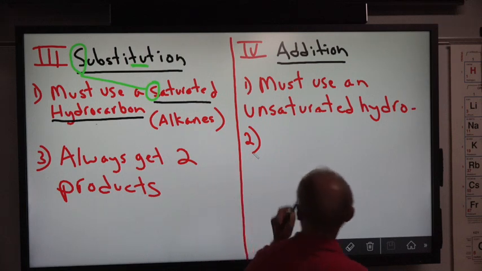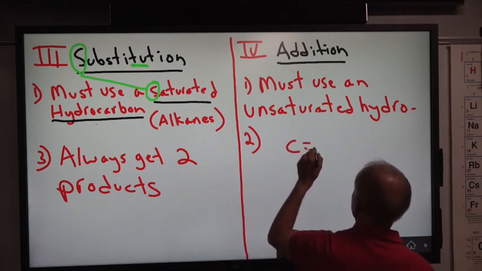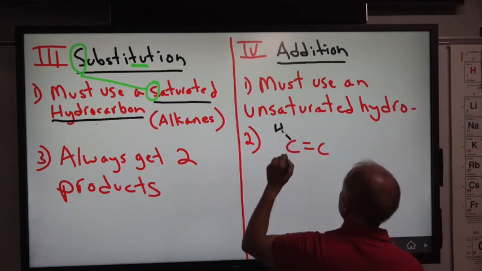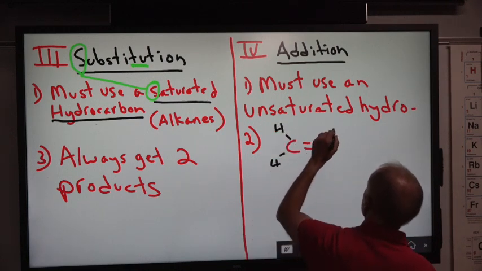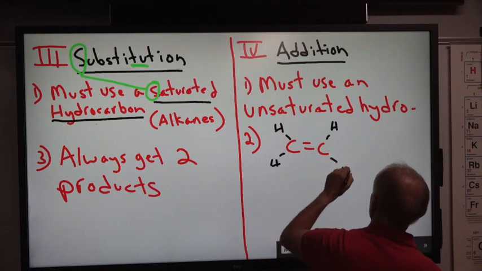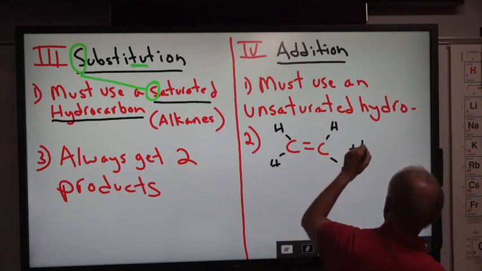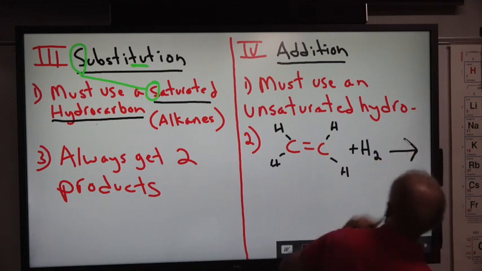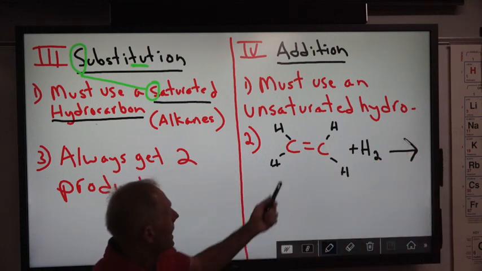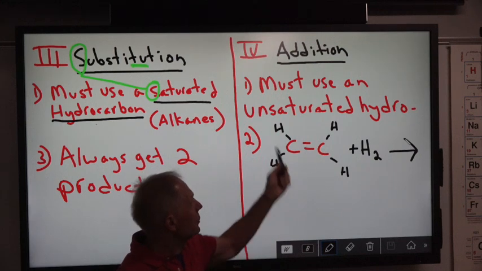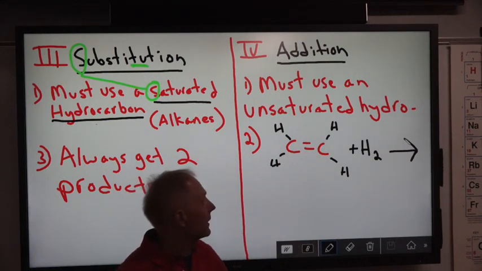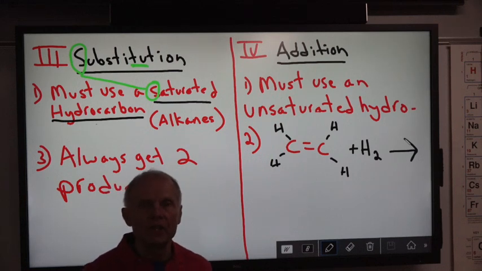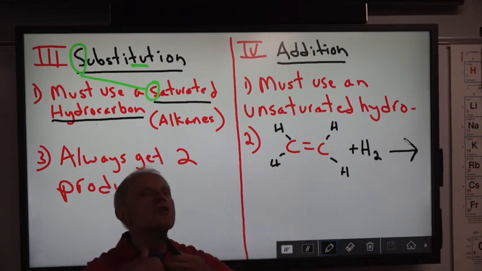So let's use ethene. So look what we're doing here. I have ethene, that's C2H4, got a double bond in there. I want to put 2 hydrogens in there, but for addition, they go in, nothing comes out.